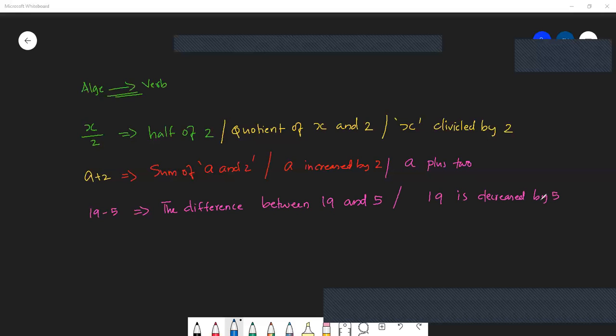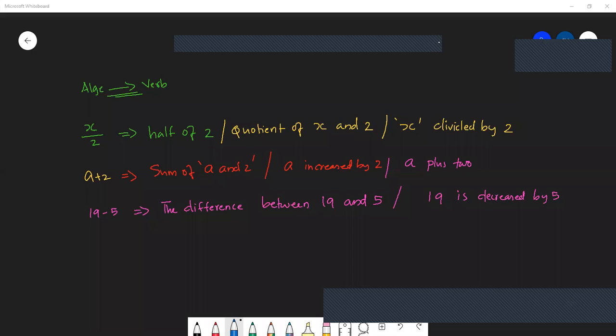This is a basic understanding that you need for entering into higher level algebra, or handling word problems.